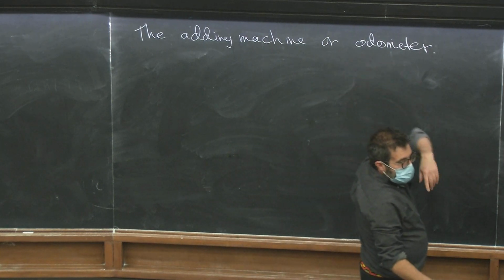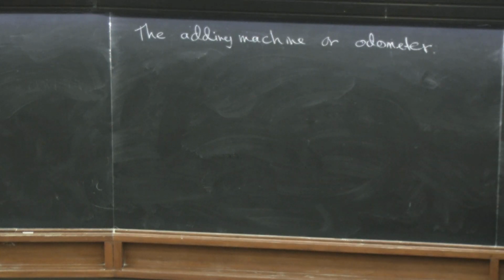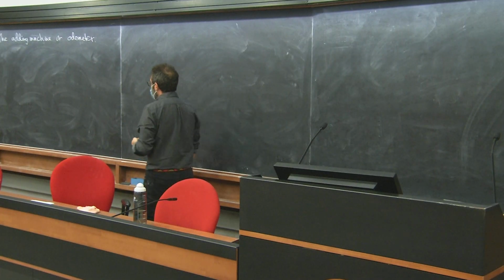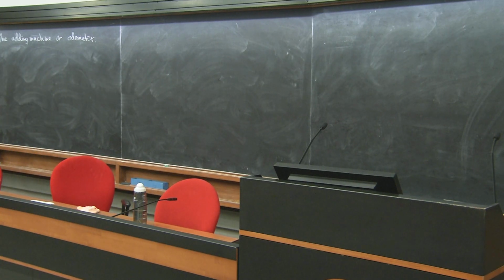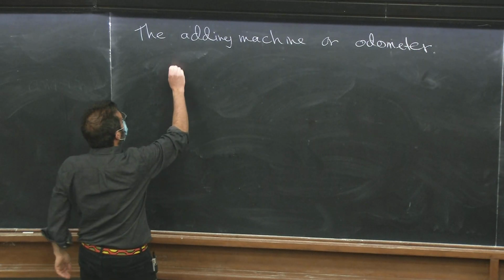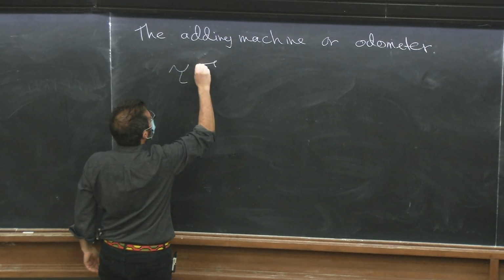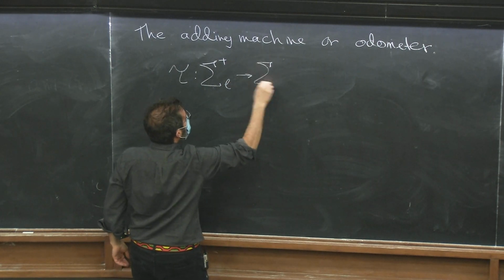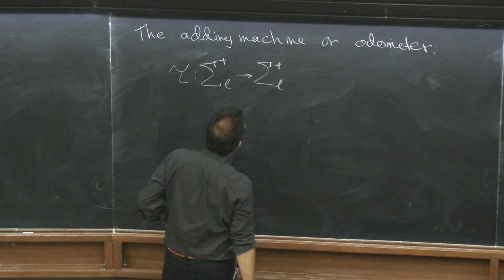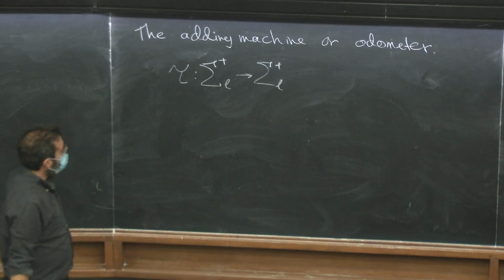So the odometer is what is in the car to count the kilometers, how many kilometers you go, okay? So you will see why it is like this. So the formal definition, so this is a map tau from sigma plus L to sigma plus L.